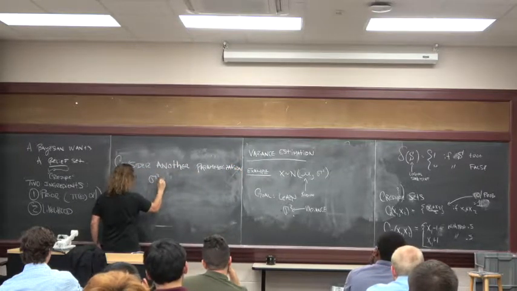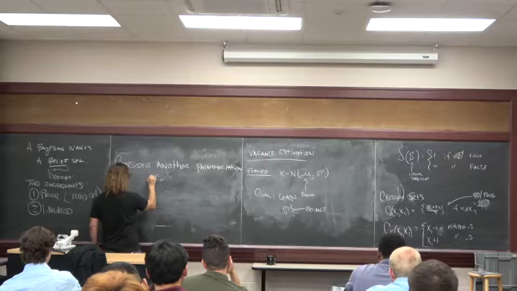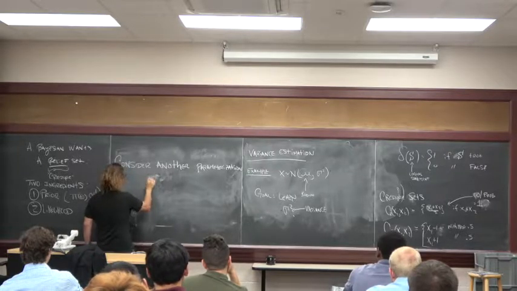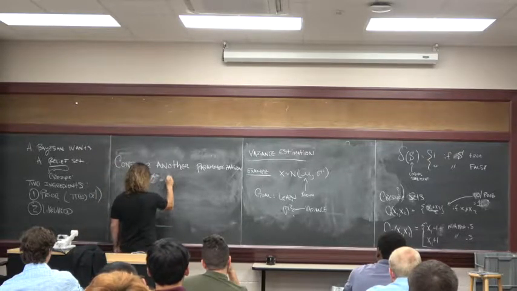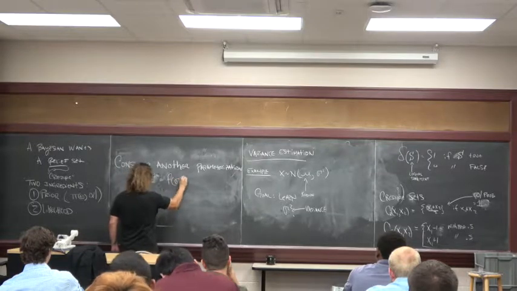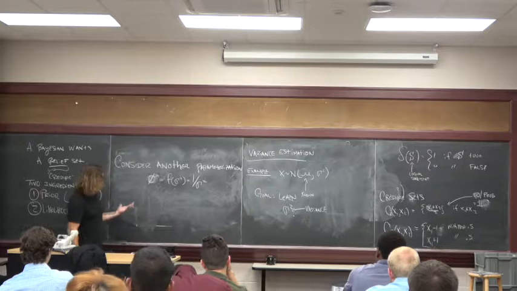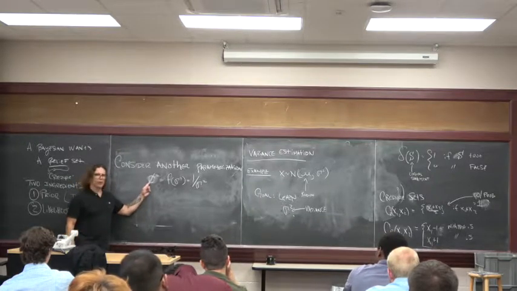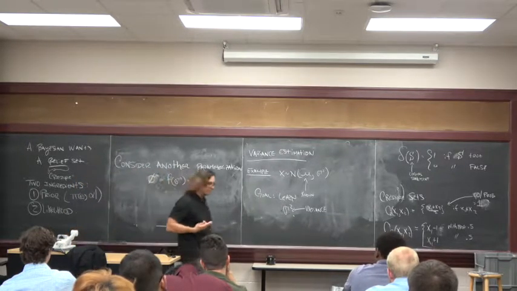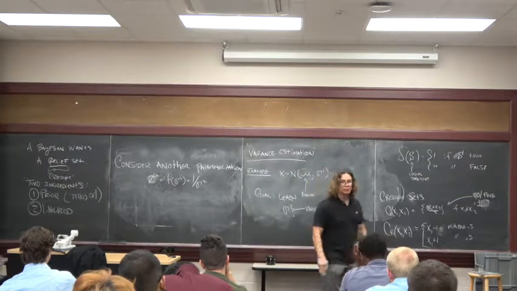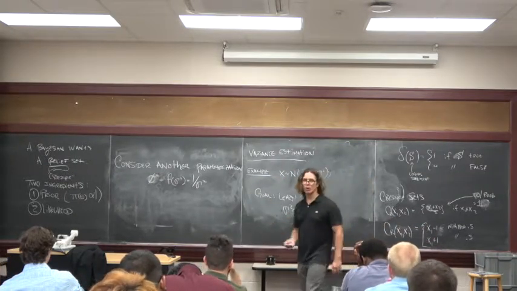Let phi be equal to a function of sigma squared, and I'll let that function be the inverse. So I could think of this parameter, just as arbitrarily, as the inverse of variance. When the variance is high, this thing is small.